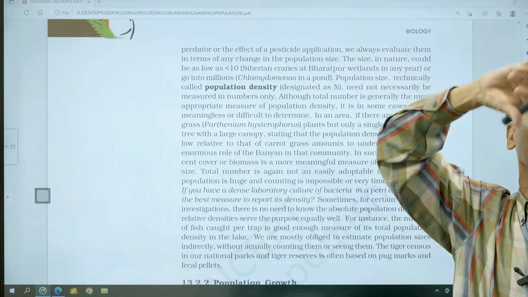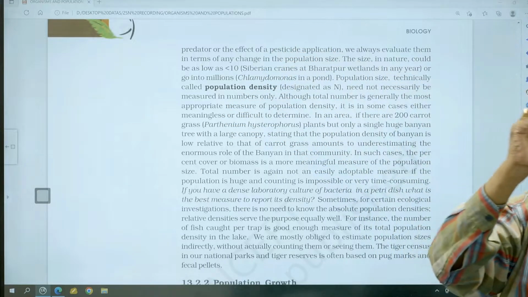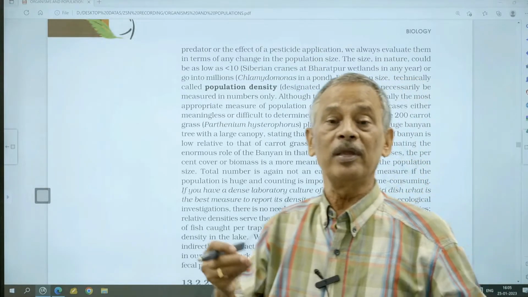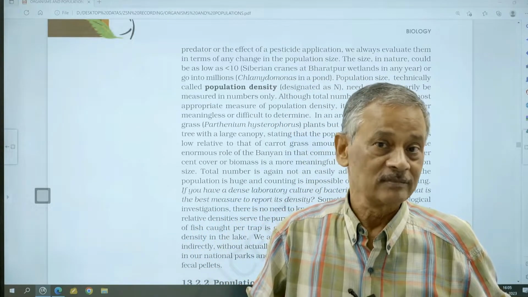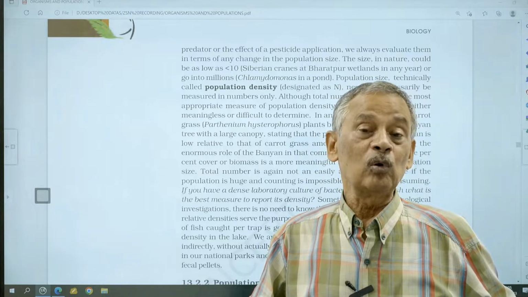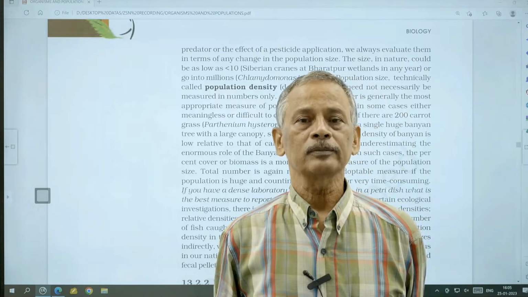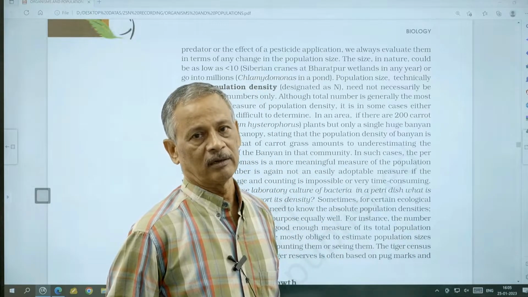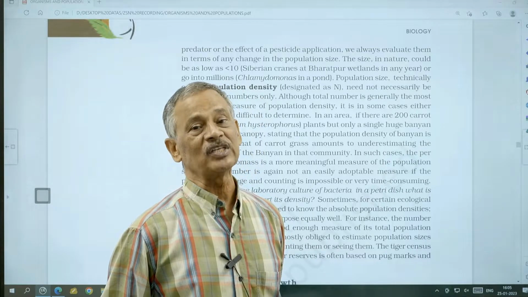It will be covering a large canopy, whereas all these plants together will be constituting only a very small part of biomass, or will be having a very small area that is covered. So, in such conditions, absolute number is not important, but it is the biomass or the canopy area that is important. Sometimes instead of density, relative density is also important.